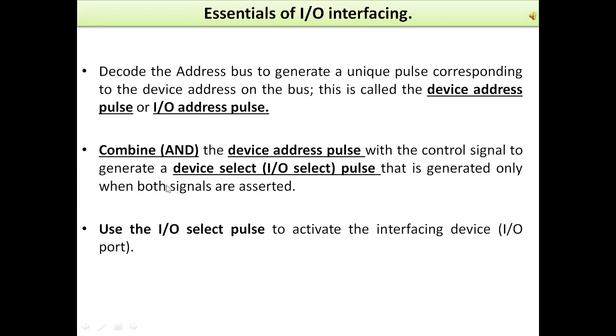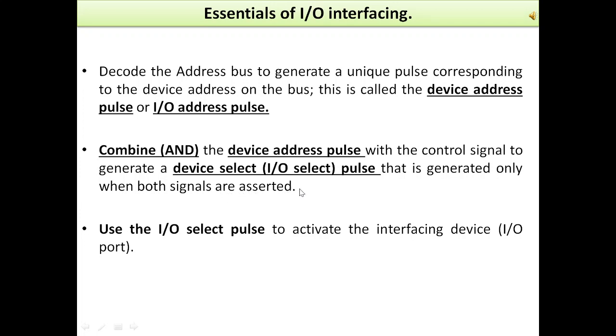Now we have to combine the device address pulse with the control signal to generate a device select pulse, that is generated only when both the signals are asserted.